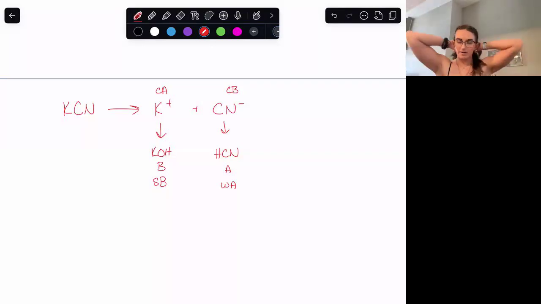Perfect. All right, so whatever is the weak acid or base in the original equation becomes the reactant. So which one becomes our reactant in our next equation?